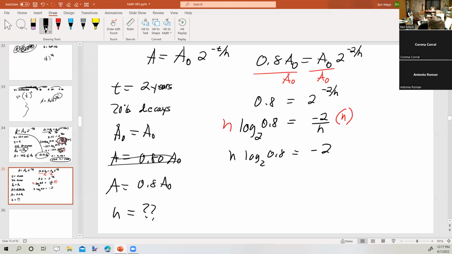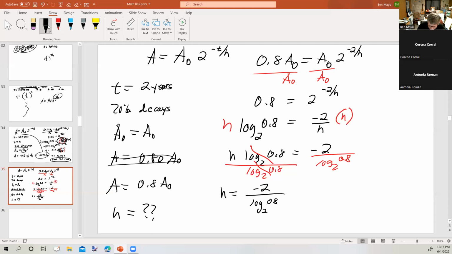So my next move is going to be to divide both sides by log base 2 of 0.8. Okay. So now I have h equals -2 divided by the log base 2 of 0.8.